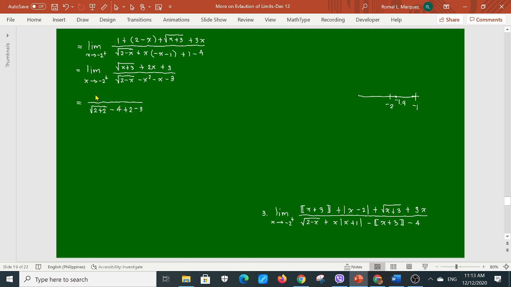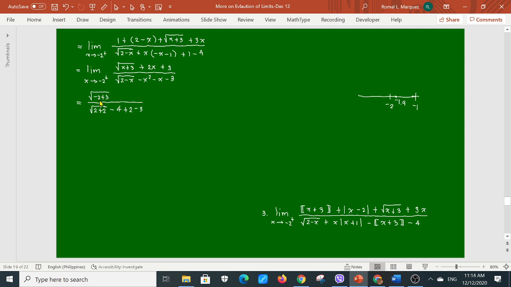And in the numerator, we have square root of, square root of what, guys? Square root of negative 2 plus 3. Negative 2 plus 3. So it is approaching a number that is positive now.